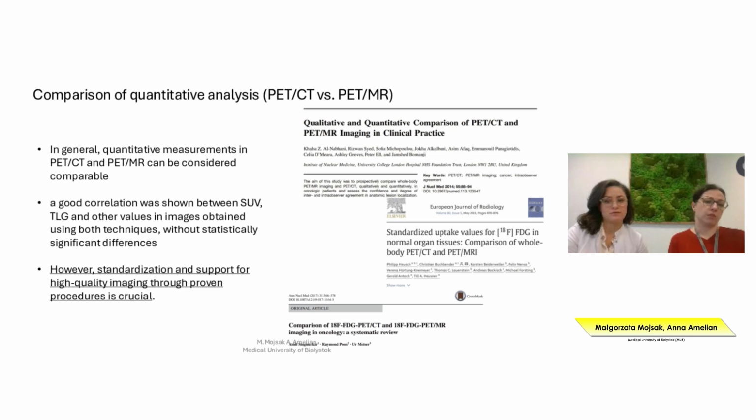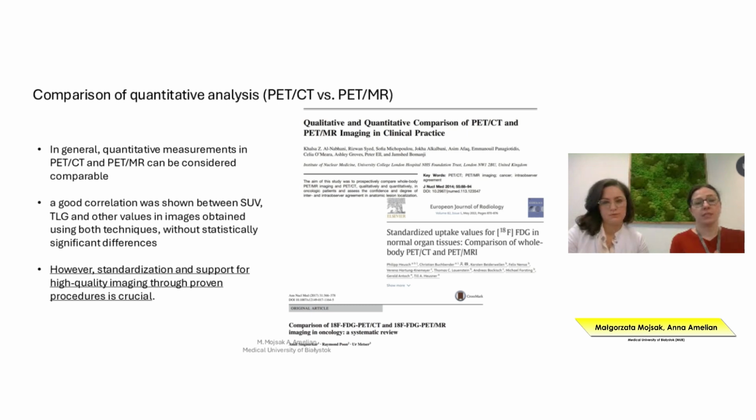When we take into account the SUV in the bone system, this area has been taken into account when examining images, but in many publications it has been proved that the quantitative analyses in PET-MR and PET-CT are comparable and can be compared against each other.